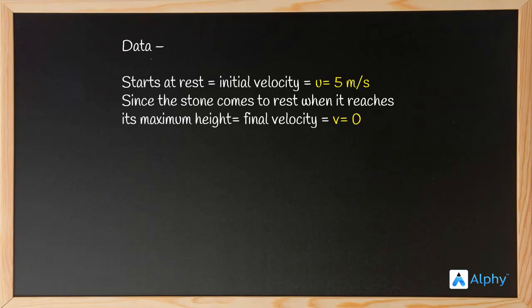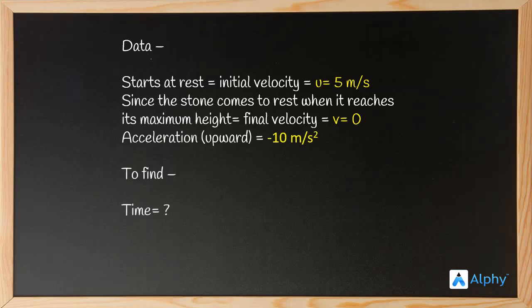You're moving it upwards, so it gains that velocity from you, and it goes and stops at a certain height. At its maximum height it comes to rest, therefore v is 0. Acceleration upward is minus 10 meter per second square, and I explained why. Okay, so let's move on. We need to find time and distance, or the height in this case, right? So let's look at the first thing.